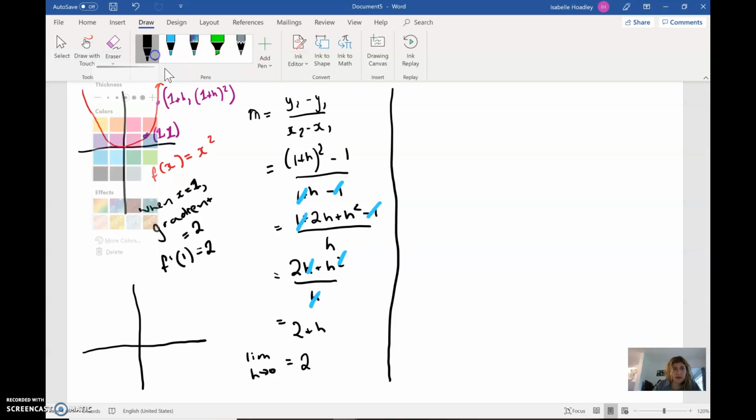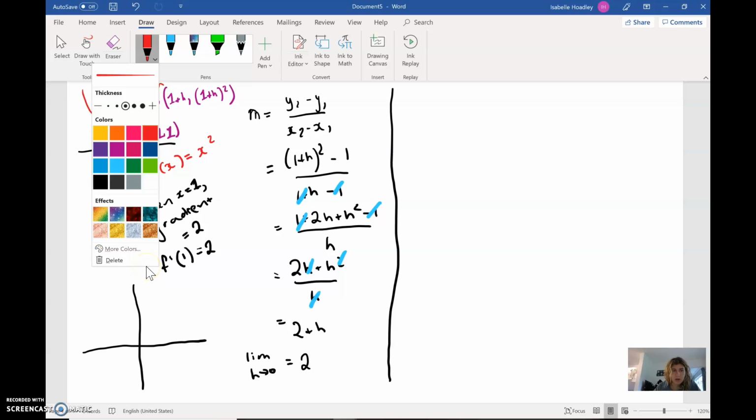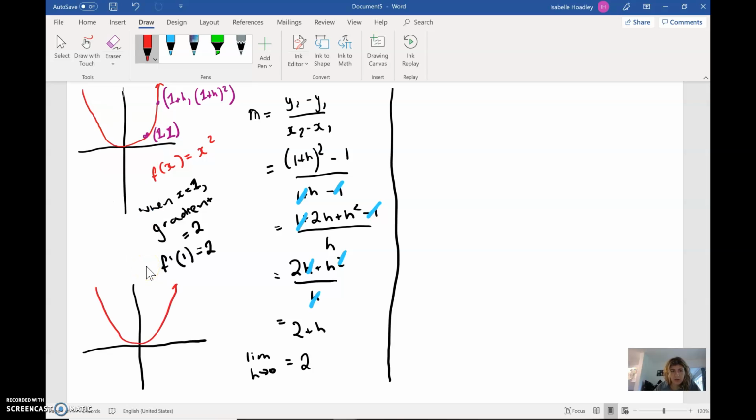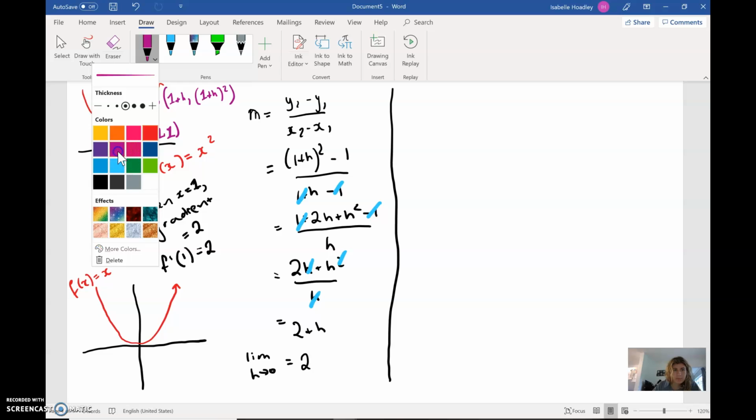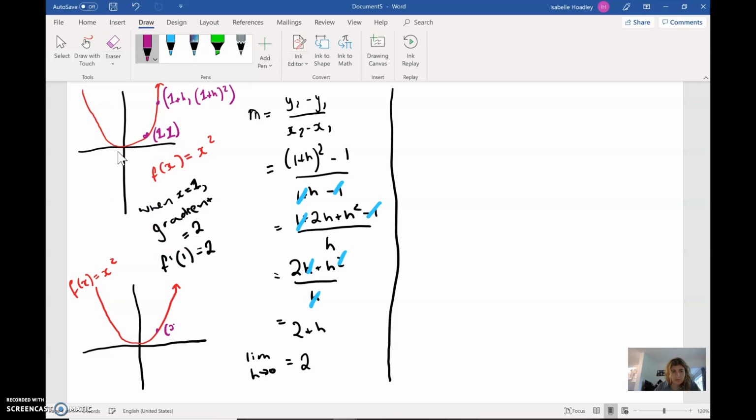So if we again take our function f of x equals x squared, but instead of picking the point 1, 1, I'm going to pick the point x, and f of x is just x squared, so that's our y. And then we're going to pick again this point that's got this x plus h. Because we don't know what x is, we're just adding a plus h onto x. And then x plus h all squared is going to be our y2.